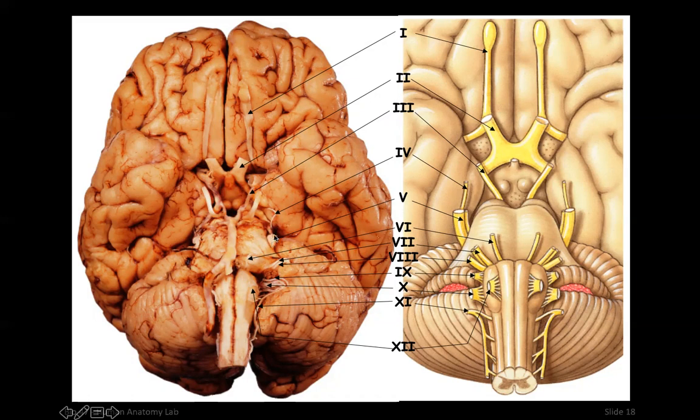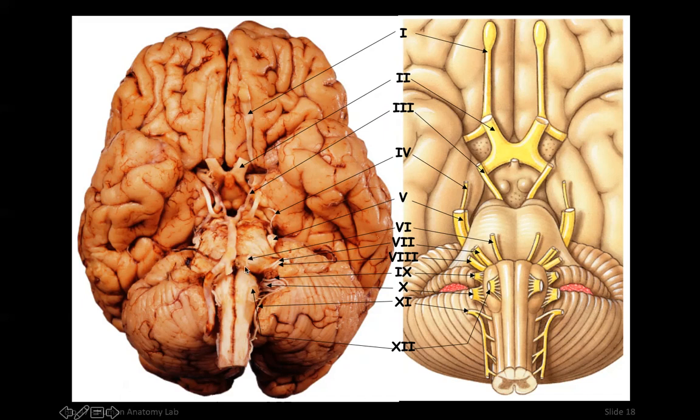Then from the side of the pons is the trigeminal nerve, cranial nerve 5, which is really big, really distinct on either side of the pons there. Then cranial nerve 6 is the abducens nerve. This is at the junction of the pons and the medulla. This is another little spindly nerve that just moves some of the muscles that move the eye, so it's really small.